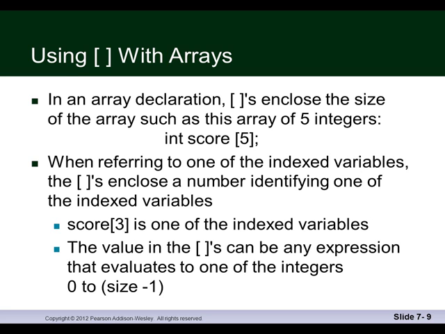When we're referring to one of the indexes, we can put the variable inside the brackets. The numbers we can use are from 0 to the size minus 1. The size is the size I used for creating my array, and it's always minus 1. So if I have an array of 5, I can go from 0 to 4.